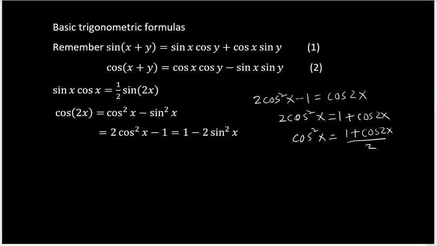Same way, we'll see 1 minus 2 sine squared x equals cosine 2x. Now, if you subtract cosine 2x both sides and add 2 sine squared x, so then what do you get? 1 minus cosine 2x equals sine squared x times 2, right?